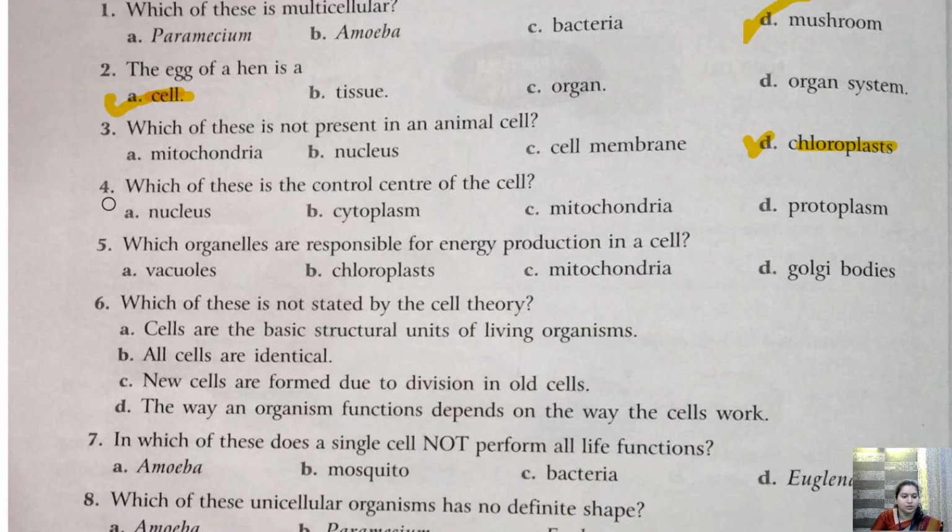Now, fourth, which of these is the control center of the cell? So we know that nucleus is the control center of the cell. Why it is called control center of the cell? Because all the functions of cell is governed by nucleus.